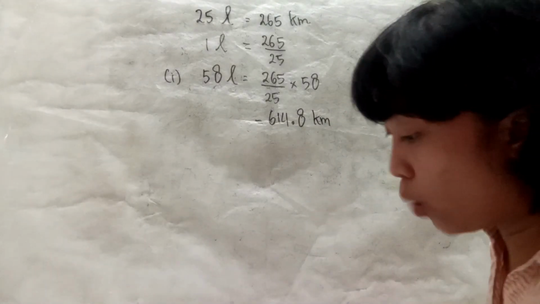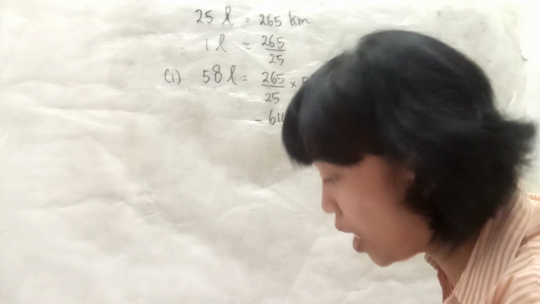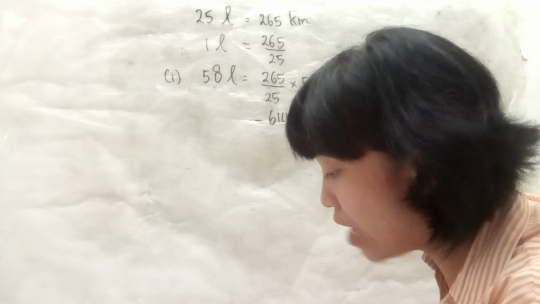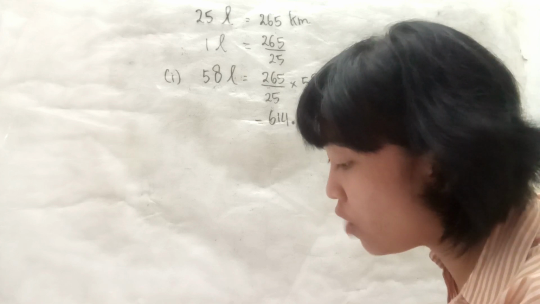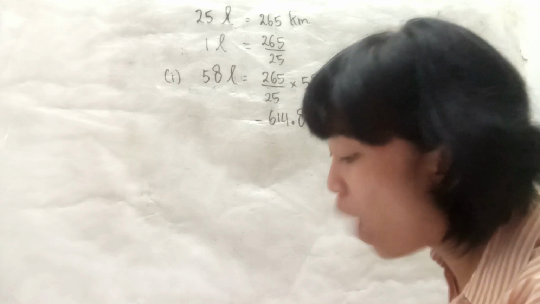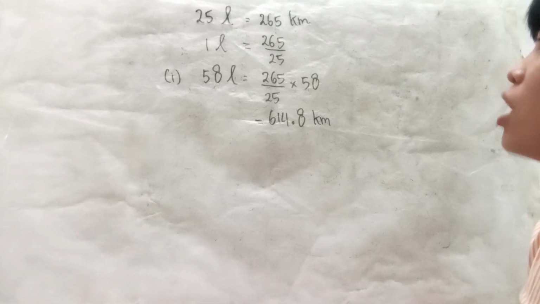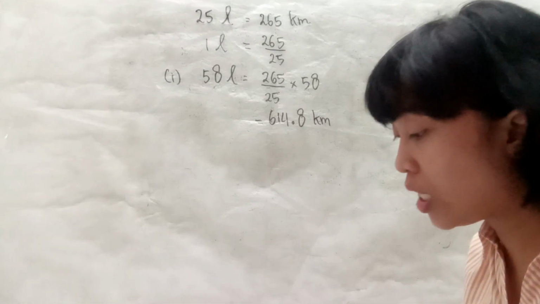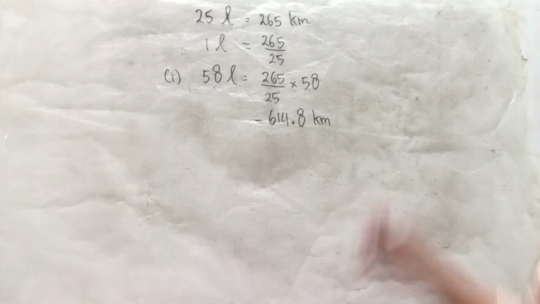Okay, for the second one, the amount that the car owner has to pay to travel a distance of 1007 kilometers if a liter of petrol costs $1.95. So first you have to find how many liters you will need to go for 1007 kilometers.